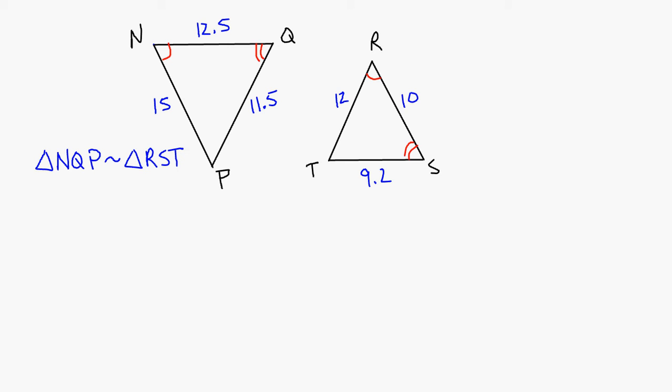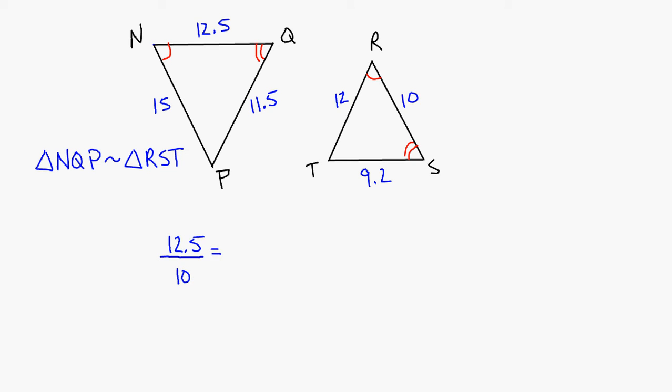Now, if that's the case, let's determine if the corresponding sides are proportional. All right? So let's start off with side NQ, which is 12.5 in the numerator. If NQ is in the numerator, what has to be in the denominator for NQ? RS, right, which is 10.